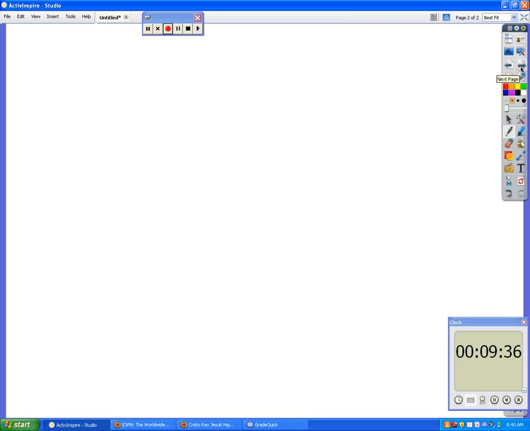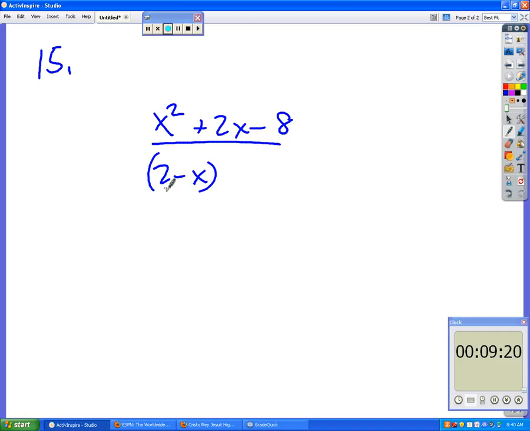15 says x squared plus 2x minus 8 over 2 minus x and 4 plus x.